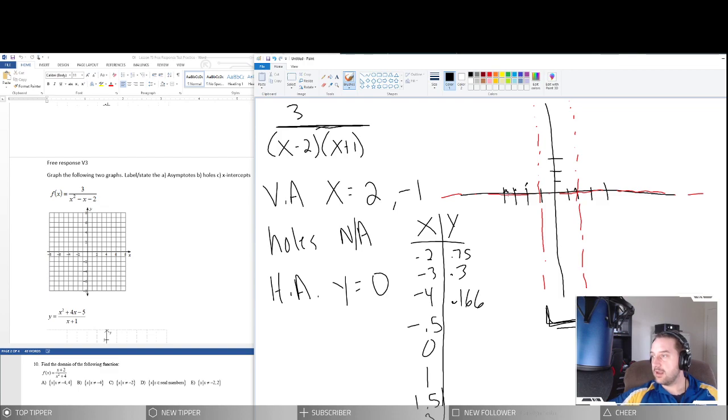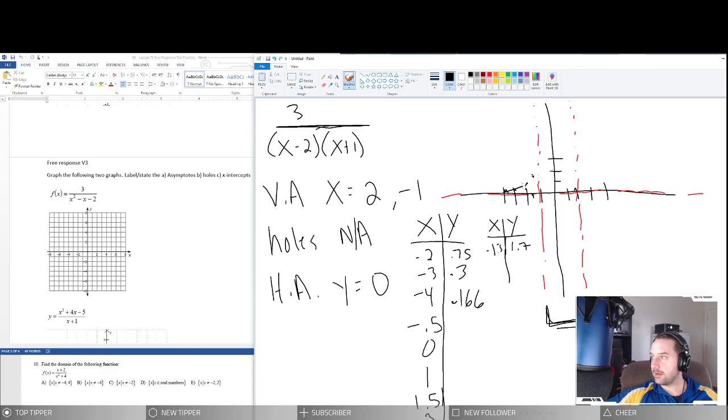It's approaching it. Maybe if I wanted to plug in, here I'll create an extra XY right here. What if I wanted to plug in -1.5? Let's see what happens when I do -1.5. That's going to give me 1.7.